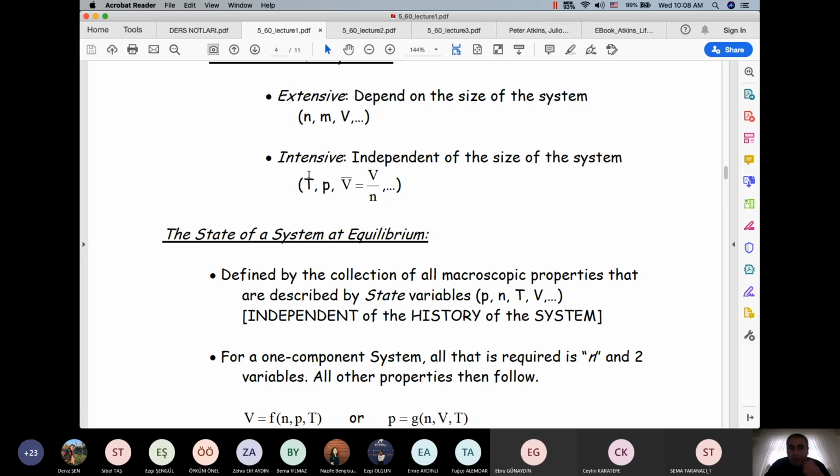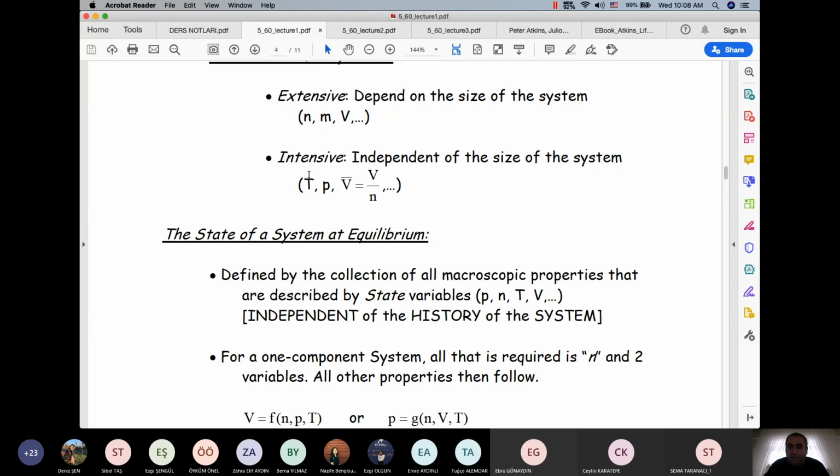So, for example, when you want to give the chemical substance amount, let's say sodium chloride in water, you should give some kind of value that will not change whether you take 100 milliliters or 1 liter of the sample.